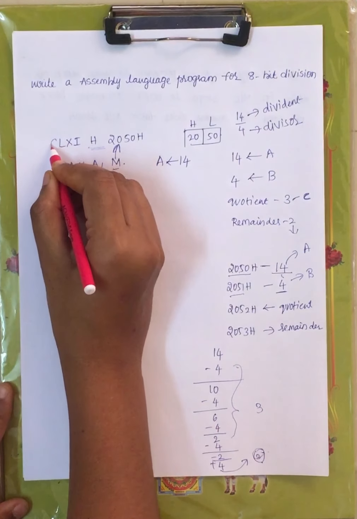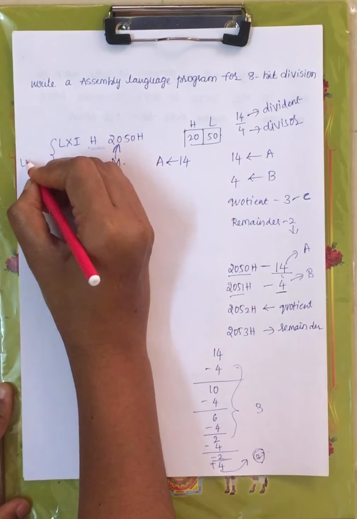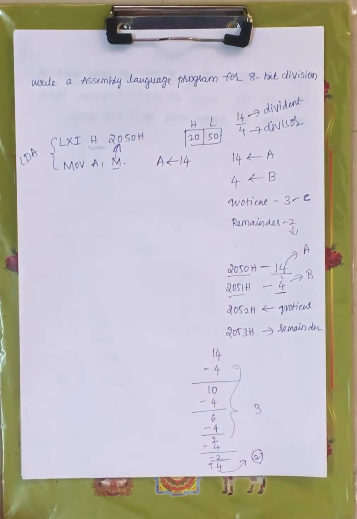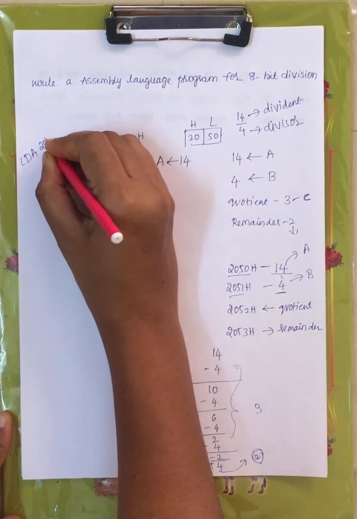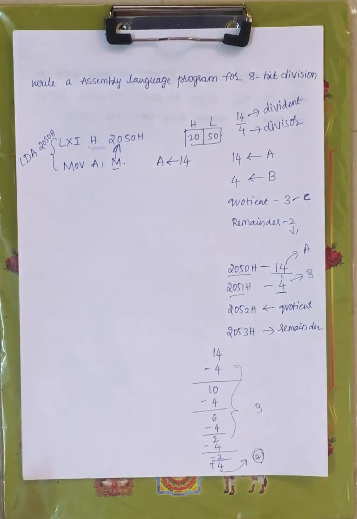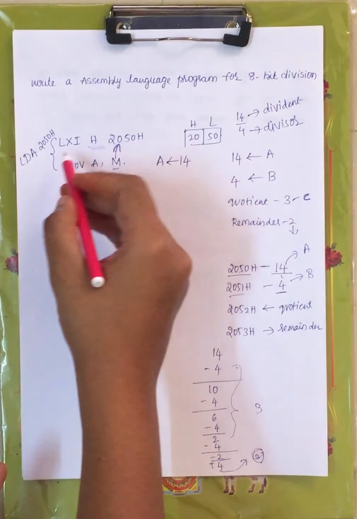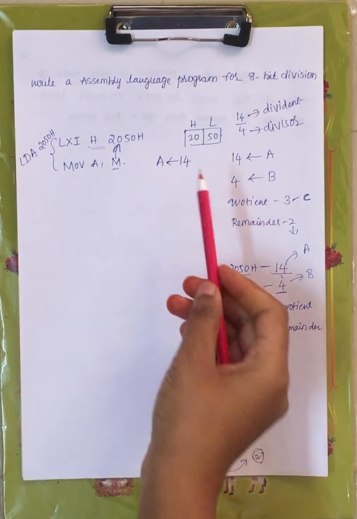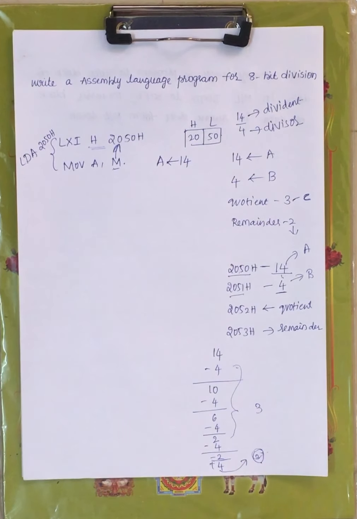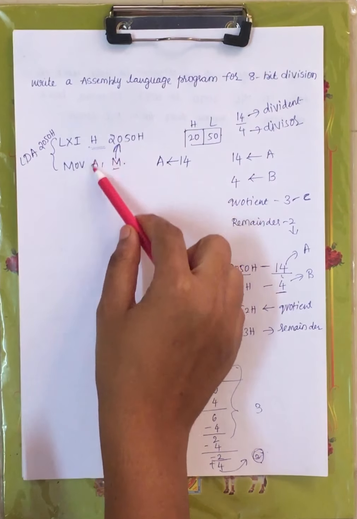Now either you can write it like this, or you can directly load, LDA, directly load accumulator from 2050H. Both these two instructions or this single instruction will give you the same result, that 14 is moved to A. Now why are we using these two instructions?